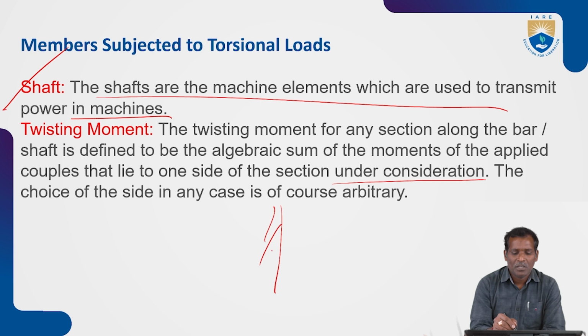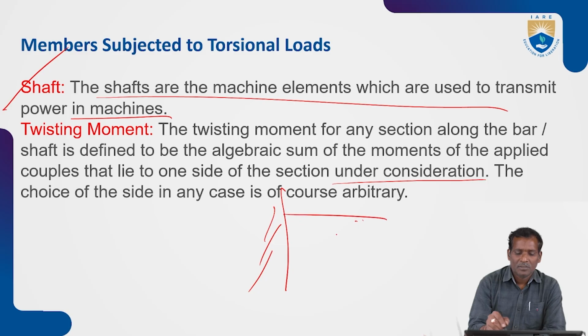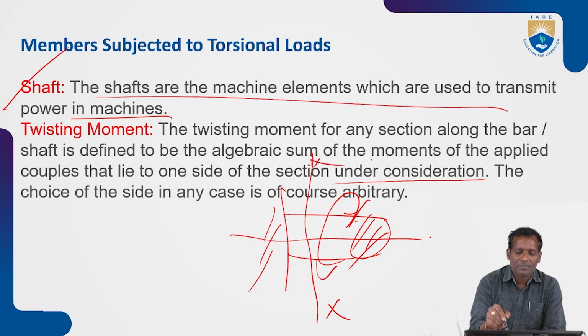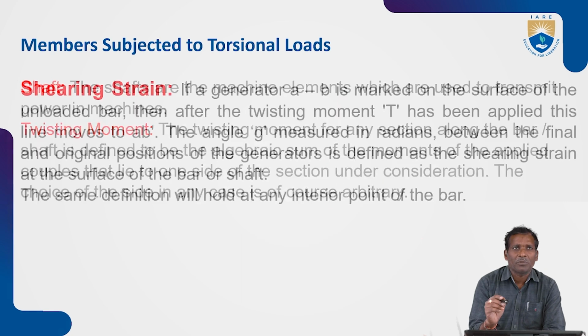So now suppose, as already we have seen in the first case, this shaft is subjected to twisting moment. So algebraic sum of the moments of the applied couples, one side of the section, suppose you have taken a section here, under consideration, the choice of side in any case is of course arbitrary.